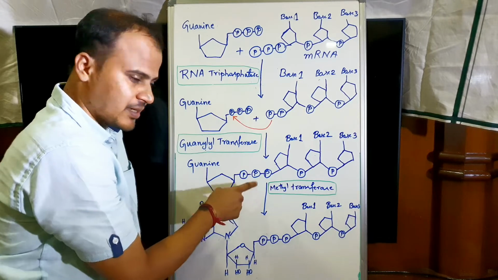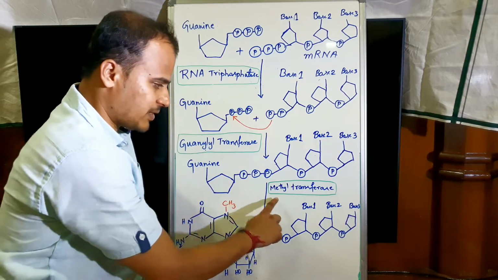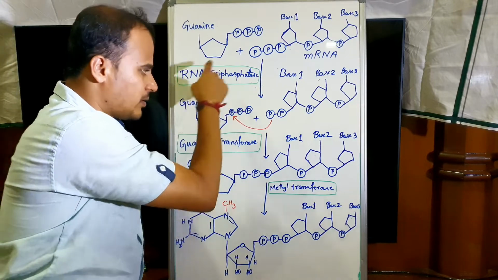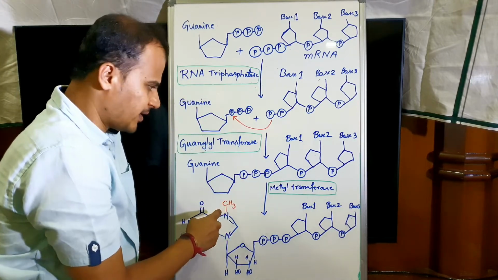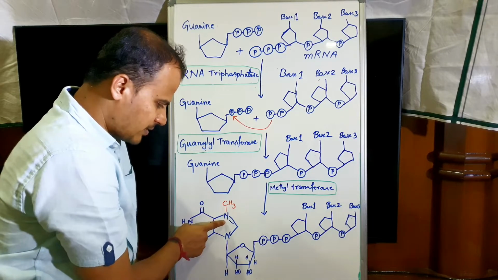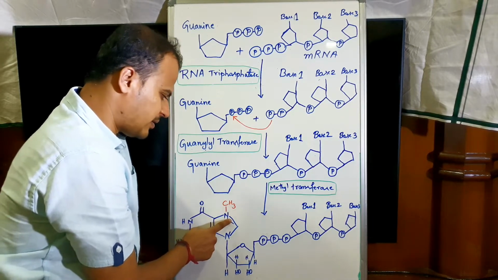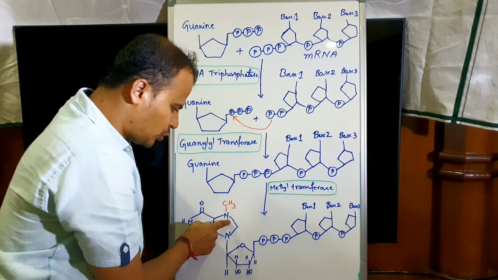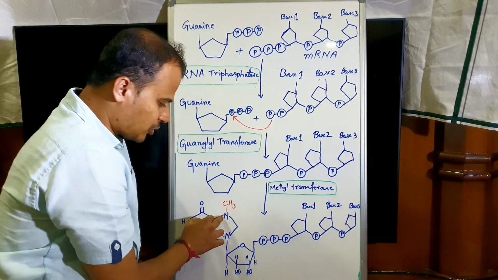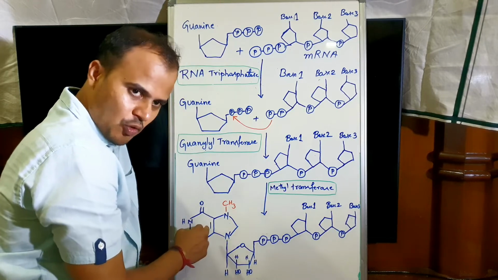So after this, the next enzyme is methyl transferase. The enzymes are circled with the green ink. Methyl transferase adds the methyl group to the 7th position, the 7th nitrogen, of the guanine ring.